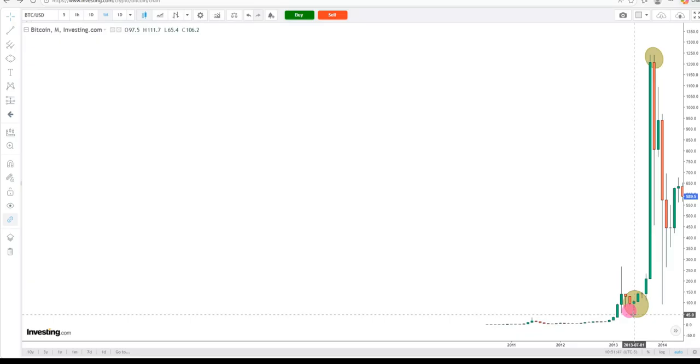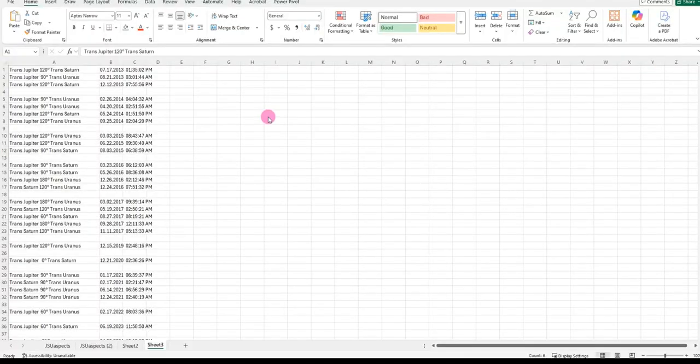Remember, we had the late July, early August aspect pair, and that was the bottom of this market at that time, and that triggered off a really strong run that went to December, where that market top peaked out, where we had that other aspect. Right here we had the second Jupiter-Saturn trine on December 12th.